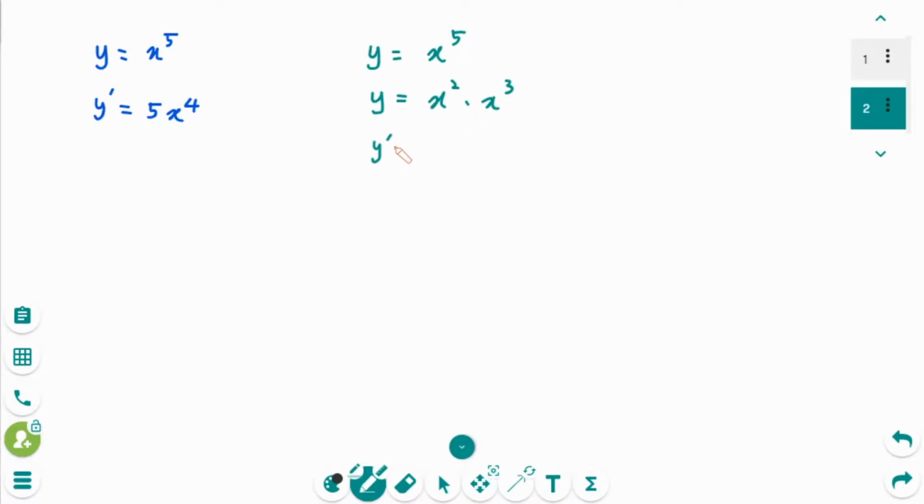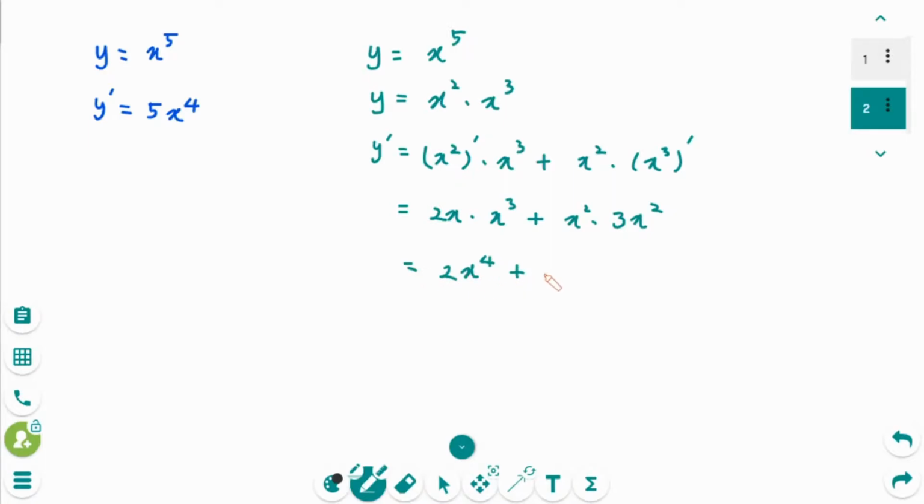So y' equals (x squared)' times x cubed plus x squared times (x cubed)'. So 2x times x cubed plus x squared times 3x squared. So 2x to the power of 4 plus 3x to the power of 4, then combine together, 5x to the power of 4. We have the same answer.